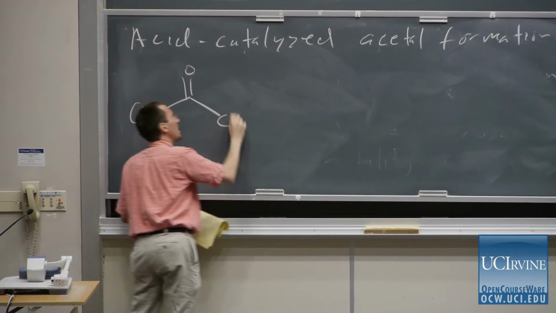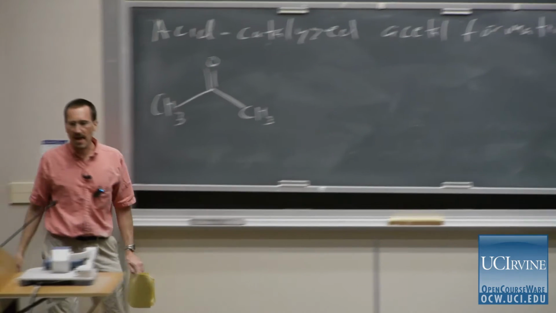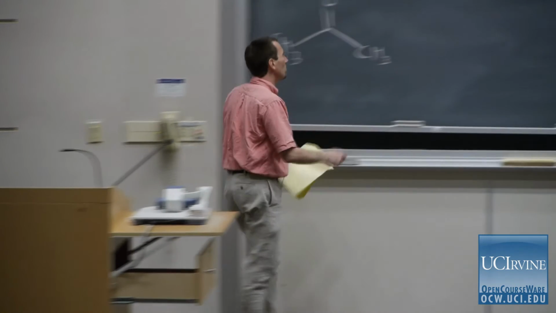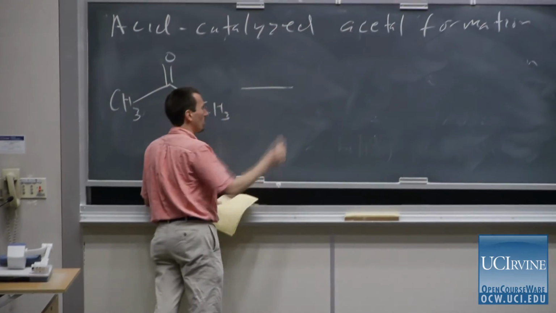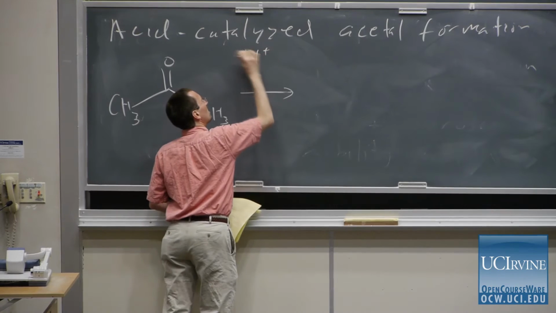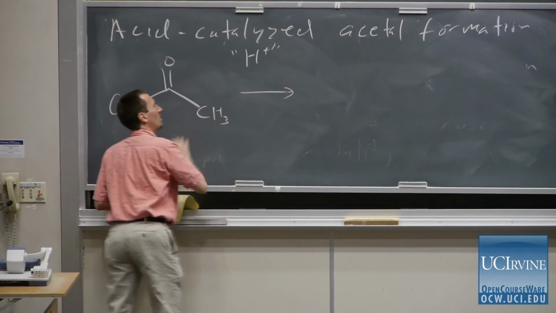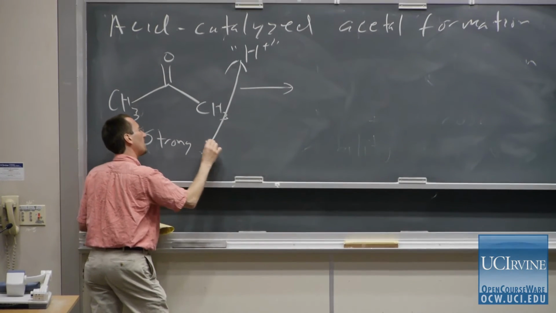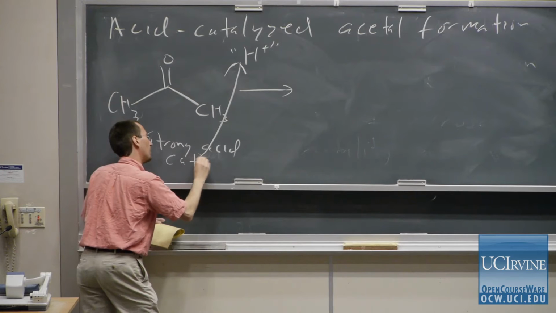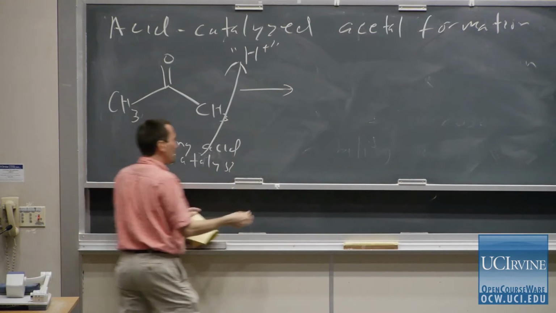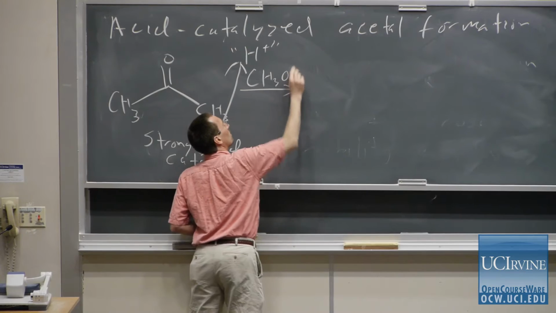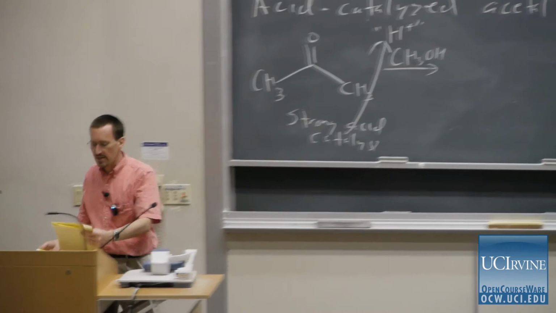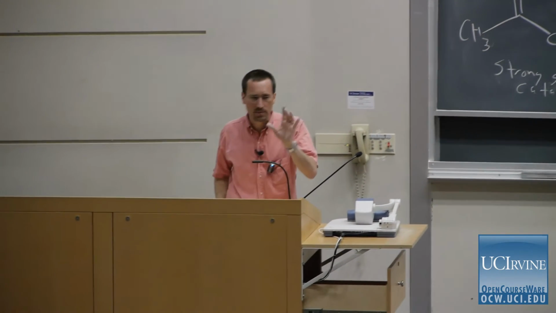So let's take our friend acetone here, and let's imagine instead of treating our acetone with water, basically dissolving your acetone in water, we treat it with, I'll write this as H+ for now. And by H+, I mean a strong acid catalyst. And some methanol. We specifically don't want H3O+ because we're going to be seeing a reaction in which water is the product of reaction.